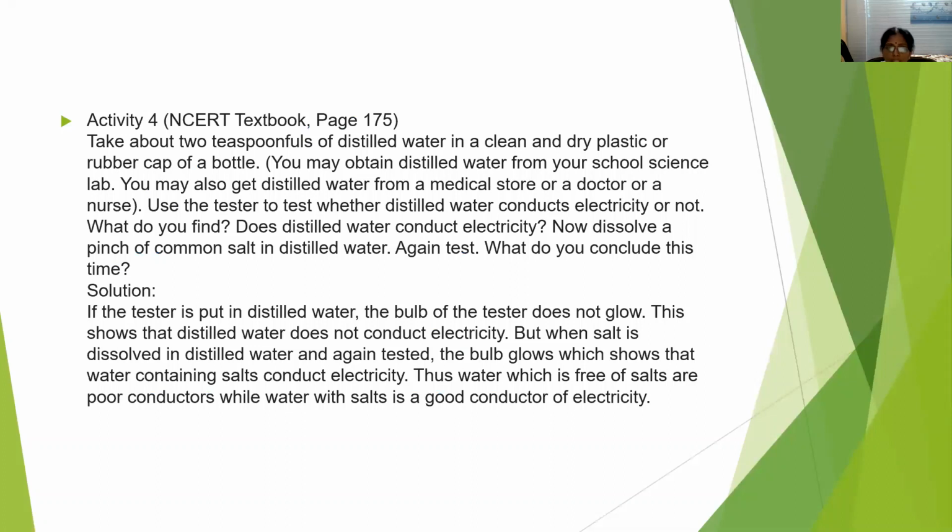But when salt is dissolved in distilled water and we test it again, this time the bulb glows. This shows that water containing salts conducts electricity. Thus, water which is free of salts, that is distilled water, is a poor conductor of electricity, while water with salts is a good conductor of electricity.